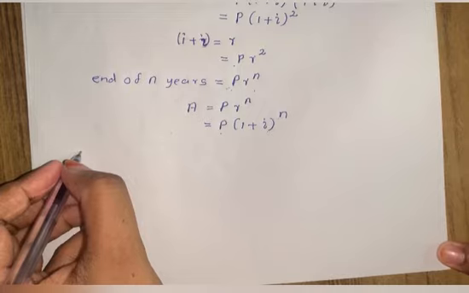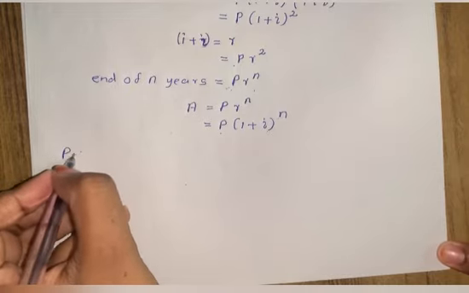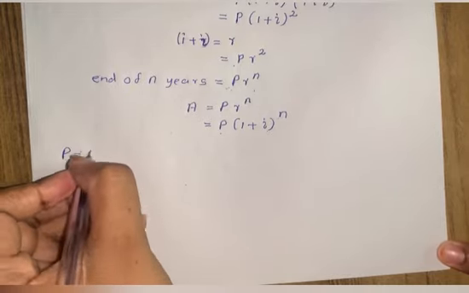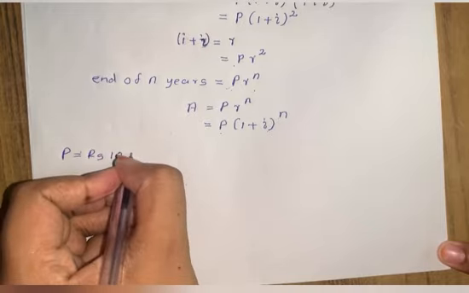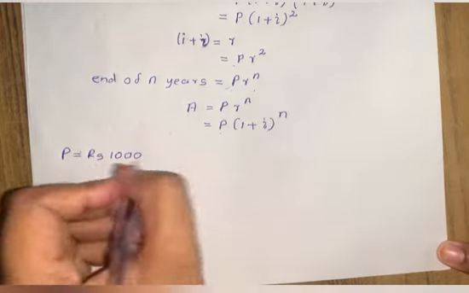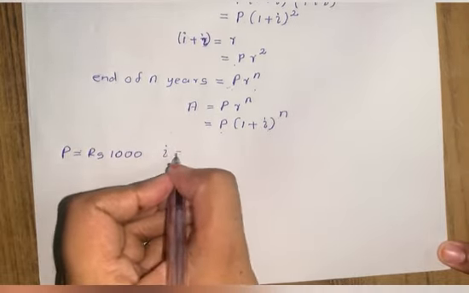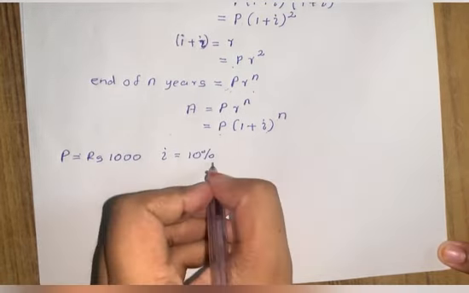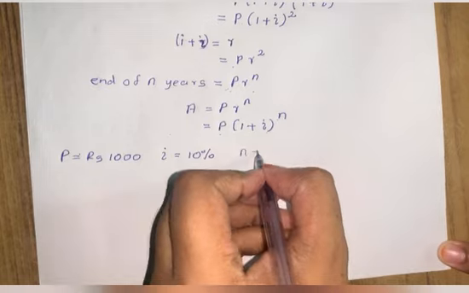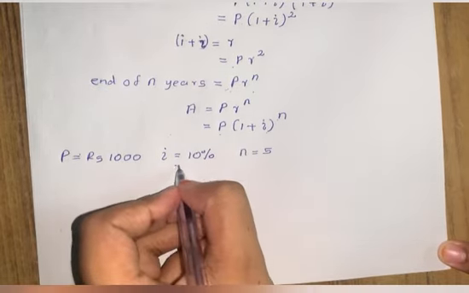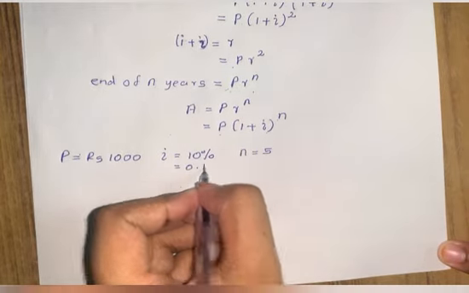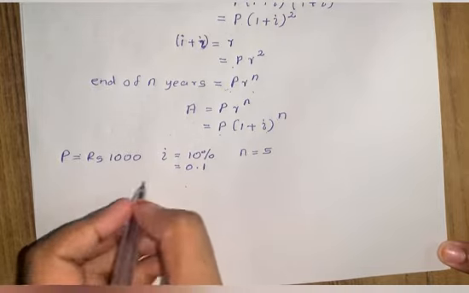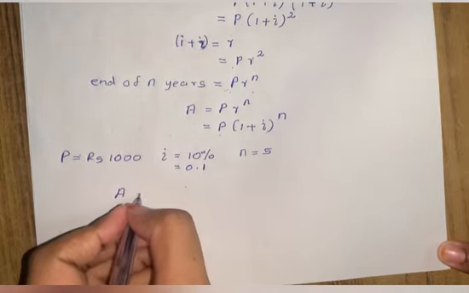Let's see a simple example question. Our principal amount is 1000 rupees, the annual interest is 10%, and we have to find the amount for 5 years. The annual interest as a ratio is 0.1.